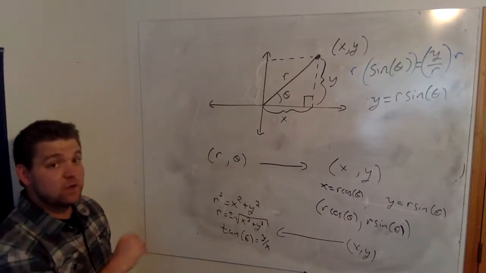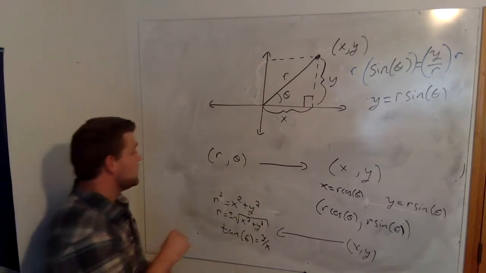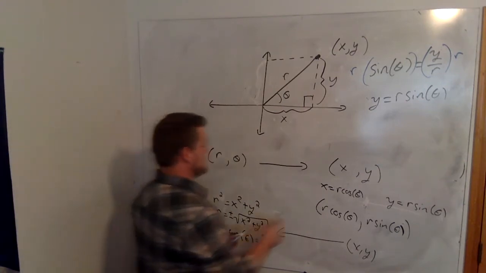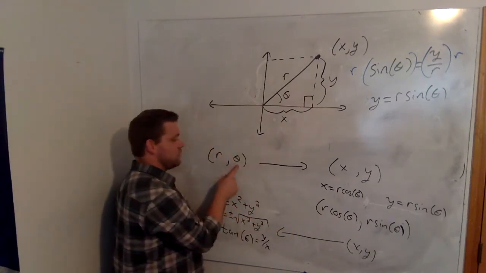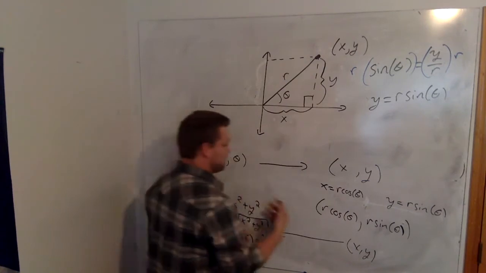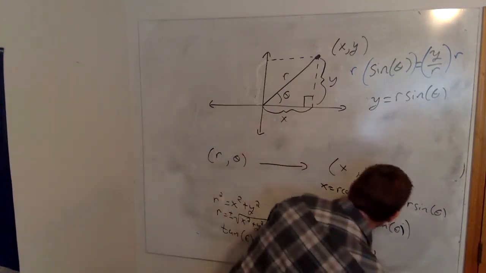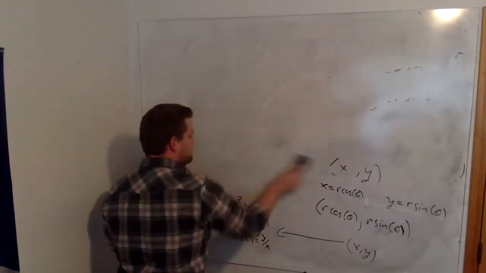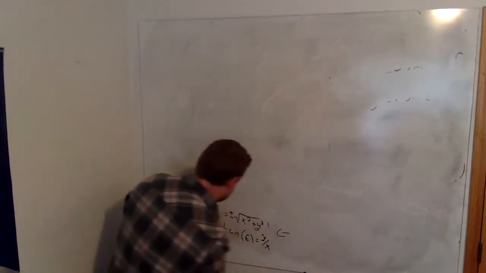But specifically, what I want to use here to try to understand what a negative radius might possibly mean is understanding that if we know r and theta, we know that the x-coordinate will be r cosine of theta, and then the y-coordinate will be r sine of theta. So let's plot a point and try to make sense of a negative radius if it doesn't make any sense.